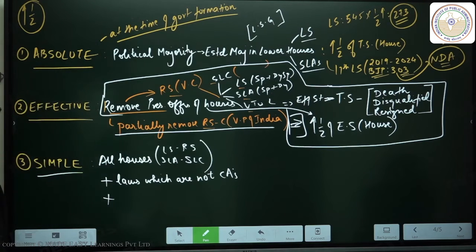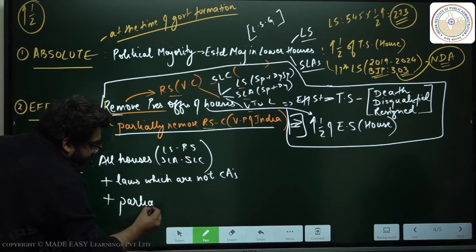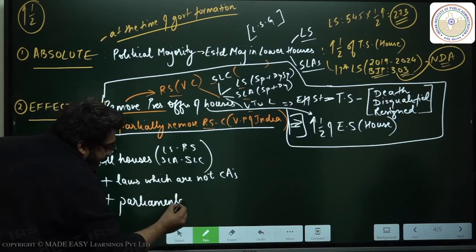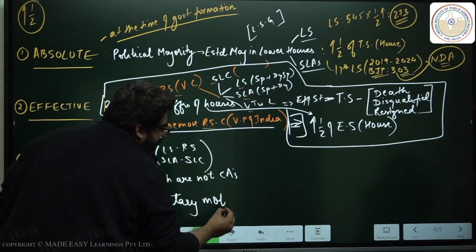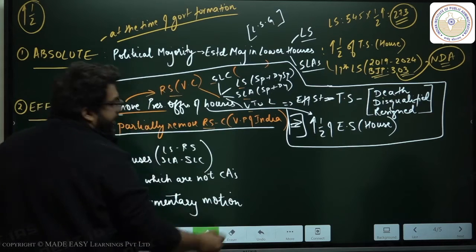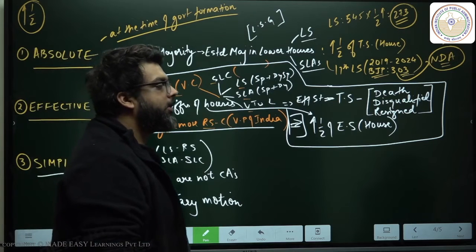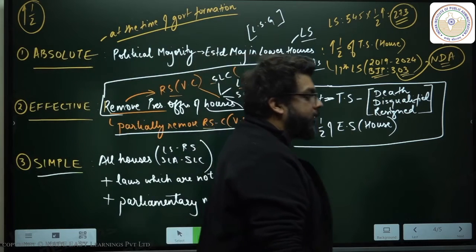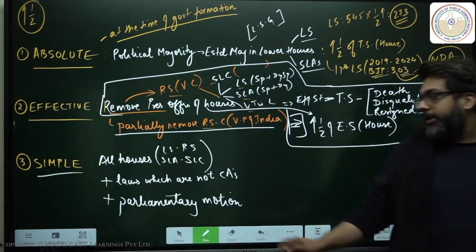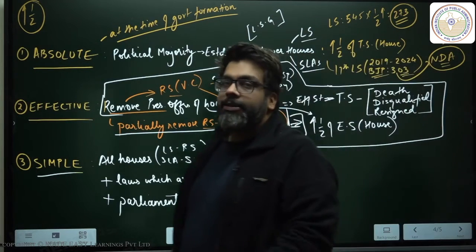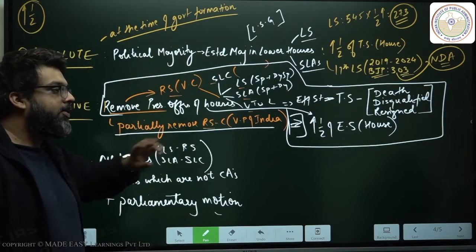And second, for all parliamentary motions: no confidence motion, censure motion, adjournment motion, calling attention motion, short discussion motion, long discussion motion. Motion ही motion होगा तो सिंपल मेजॉरिटी लगेगा. बस नाम के आगे मोशन होना चाहिए, सिंपल मेजॉरिटी लगेगा, चाहे पार्लियामेंट हो चाहे स्टेट लेजिस्लेचर हो, कोई फर्क नहीं पड़ता.